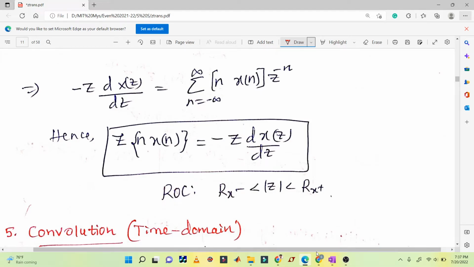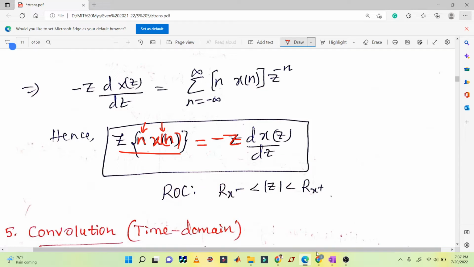Correct? Here z transform of n into x of n is nothing but minus z d by dz of X of z. So when we multiply any sequence x of n by n, how to find the z transform?